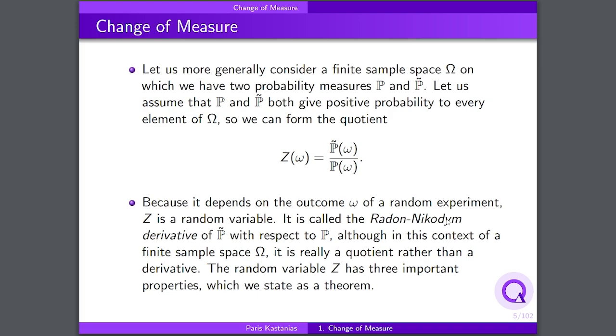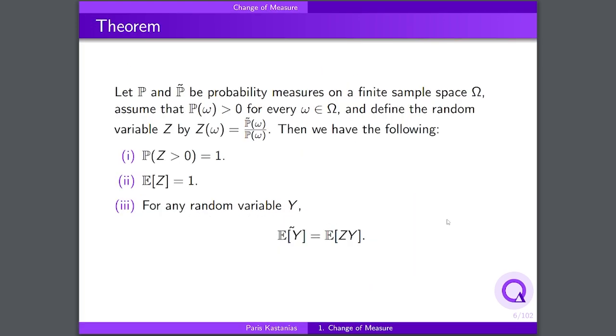The random variable Z has three important properties, and we will state this as a theorem. Let P and P tilde be two probability measures on a finite sample space omega. Assume that the probability is positive for every omega inside the big omega, and define the random variable Z by that quotient, which we talked about before.